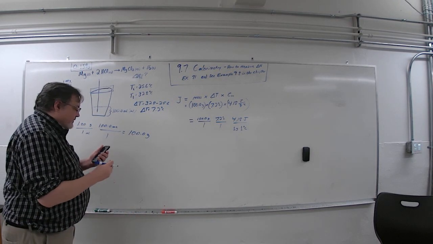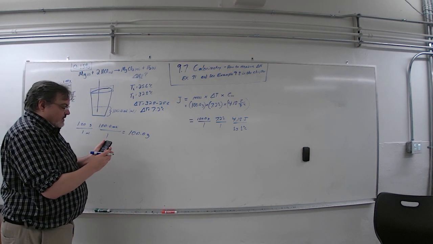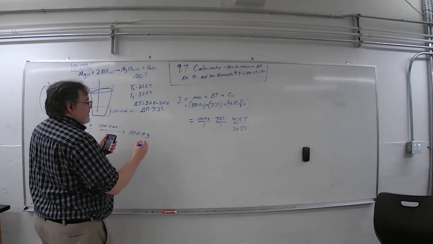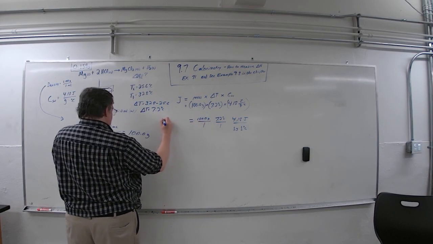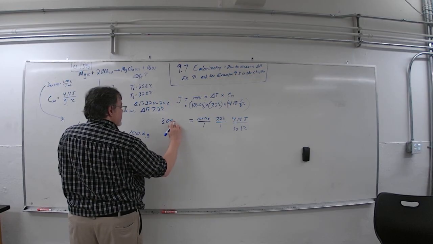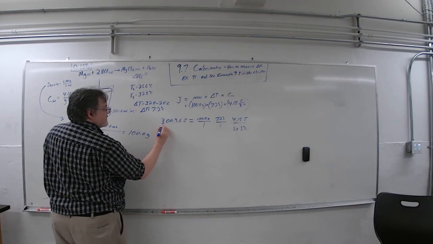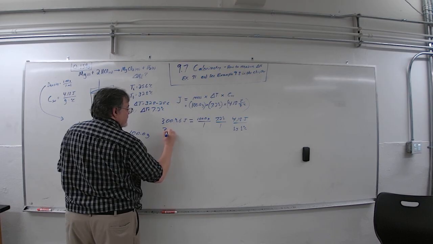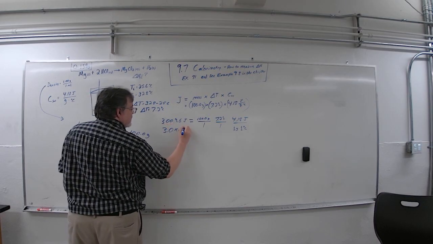But essentially, we're just multiplying across. 100 times 7.2 times 4.18. Two significant figures, I'm going to need 2 here. My calculator says this many joules. Since I'm only keeping those 2, I kind of have to do this in scientific notation.